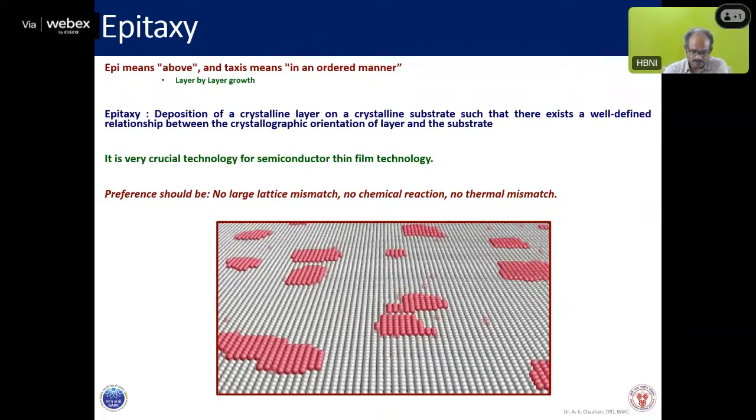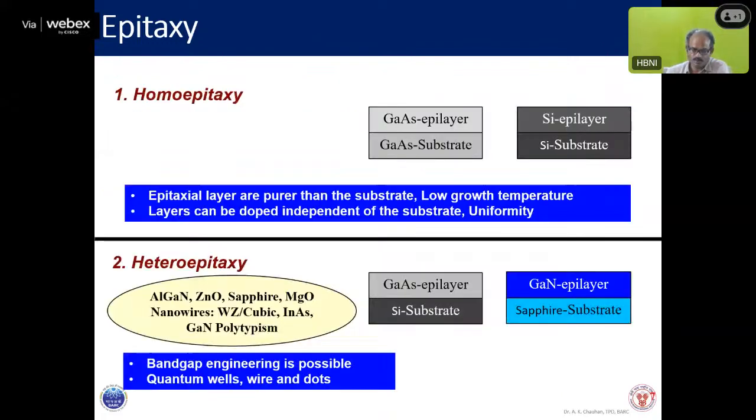There should not be any large mismatch in the lattice parameters, and no chemical reaction. There should not be any reaction between one layer and another layer, and there should not be any thermal mismatch also.